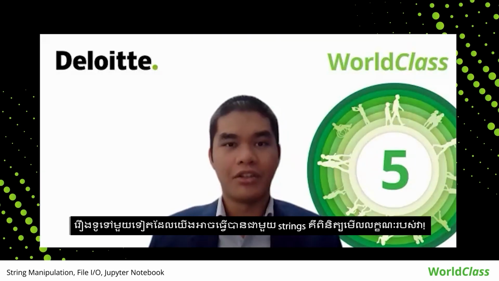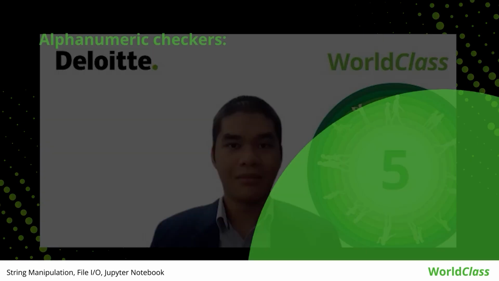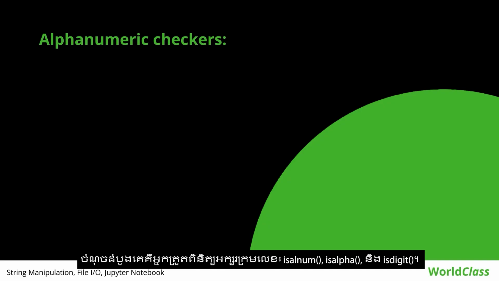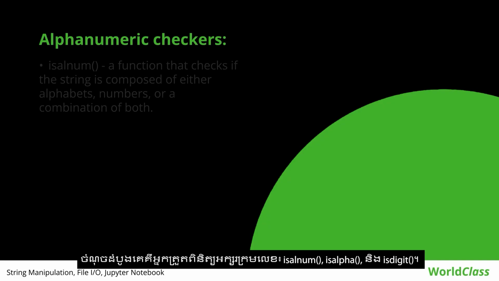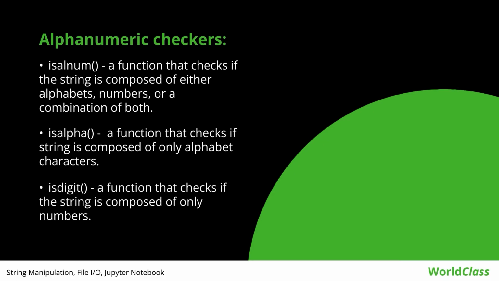Another common thing we can do with strings is check its characteristics. These built-in functions all return a Boolean value of True or False, depending on the characteristic you're checking for. First off the list are the alphanumeric checkers: isalnum, isalpha, and isdigit.